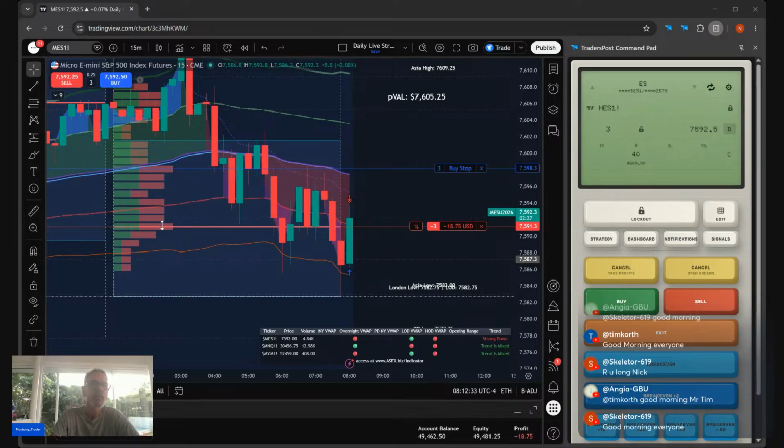Got some more orders piling up underneath us. Yeah, 75.18 looks like a target here.